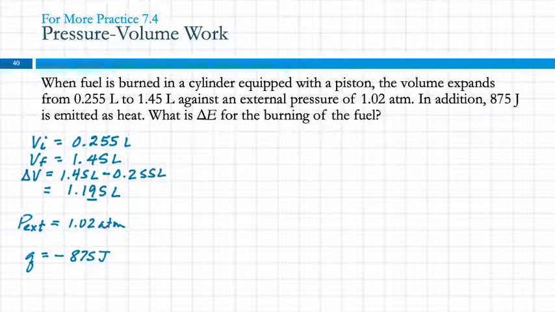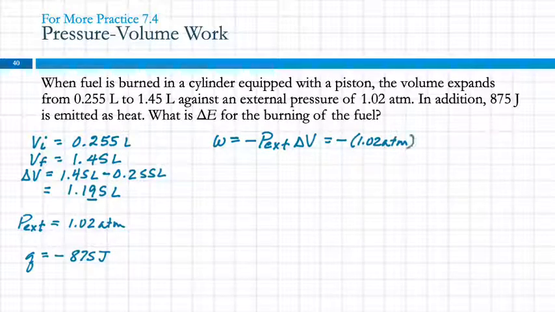Well, can we calculate the work? Sure we can. The work equals negative P delta V. So negative times the pressure, 1.02 atmospheres, times the change in volume.